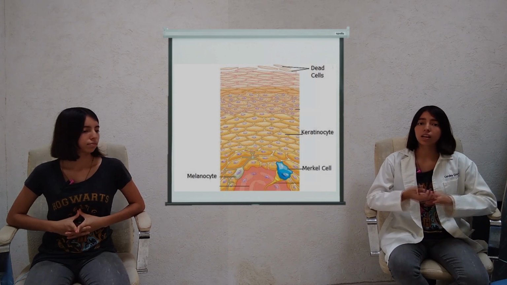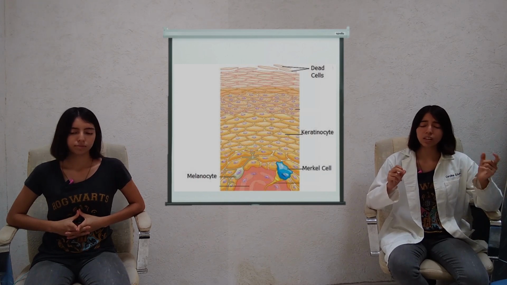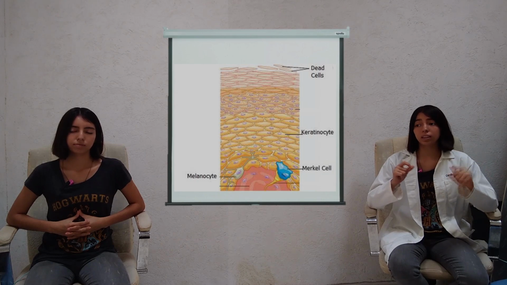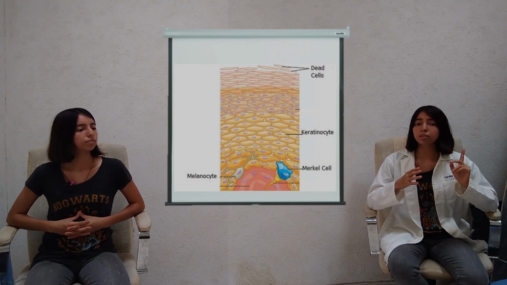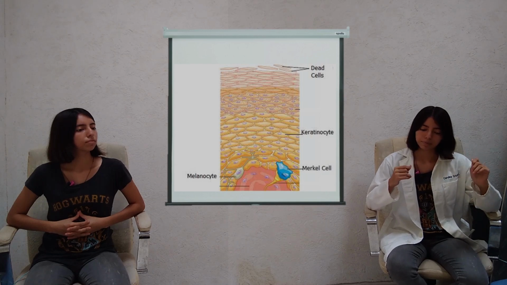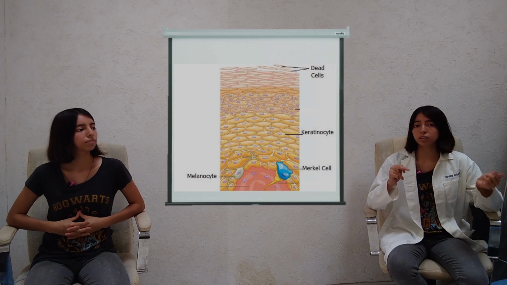Langerhans cells participate in the immune responses against microbes that invade the skin. They are easily damaged by the UV light. And Merkel cells are in the deepest layers of the epidermis. They make contact with part of sensory neurons and detect different aspects of touch sensations.